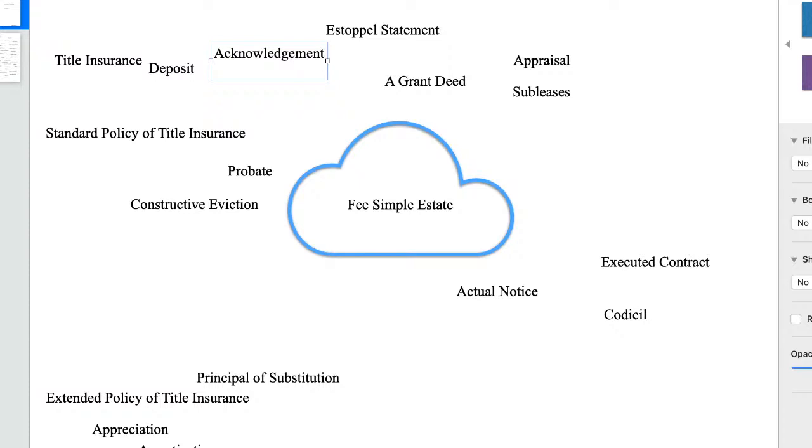Fee simple estate is a type of freehold estate. It's also known as fee simple absolute. Is it absolute ownership? What do you guys think? Can somebody have absolute ownership? It is the highest form of ownership, Victoria.